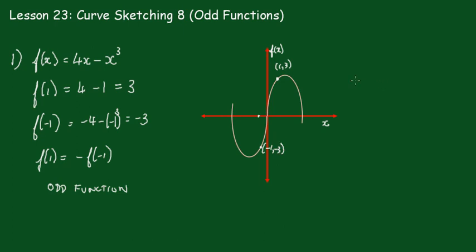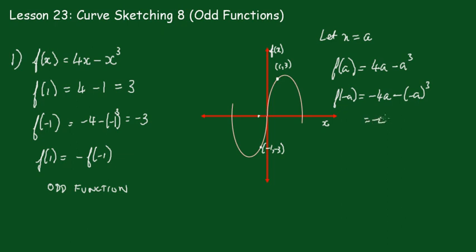Now, formally, we'd let x equal a, so f(a) will be equal to 4a minus a cubed. f(-a) will be minus 4a minus (-a) cubed.